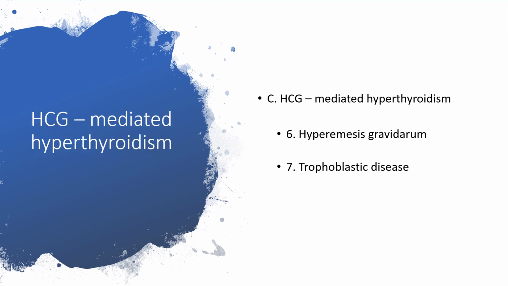Human chorionic gonadotropin mediated hyperthyroidism. This might be surprising to some women, but it's possible. In human chorionic gonadotropin mediated hyperthyroidism, there will be hyperemesis gravidarum, and there is likely going to be underlying trophoblastic disease.